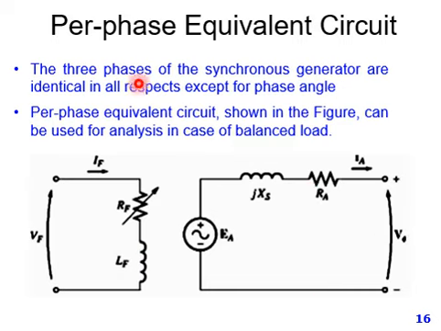The three phases of the synchronous generator are identical in all respects except for phase angle. So there is only a difference in the phase angle. All three phases are the same. That's why we can consider one circuit to study.